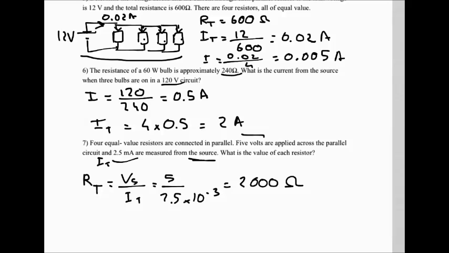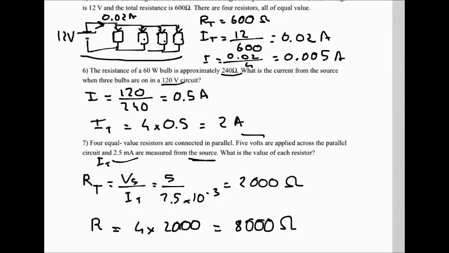So it means in parallel, you have to multiply, when you have the same equal resistors, to find the actual value of one of the resistors. So if I have 4, it's going to be 4 times 2000.